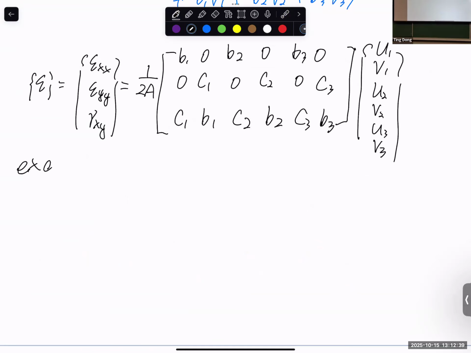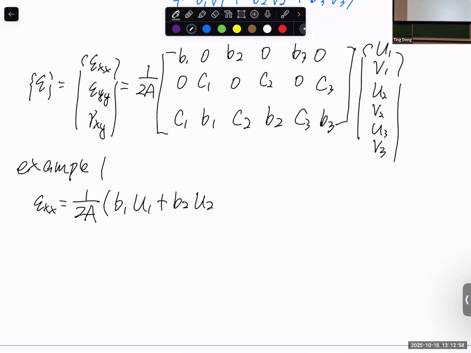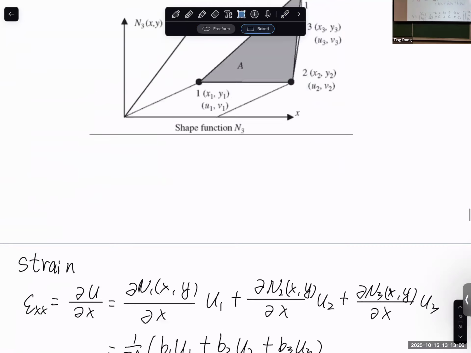It's the same example we did in the previous class, just adding one more question. So strain in the x direction, based on our equation, is B1 U1, B2 U2, B3 U3. Now let's check. Actually, let me move this part here.